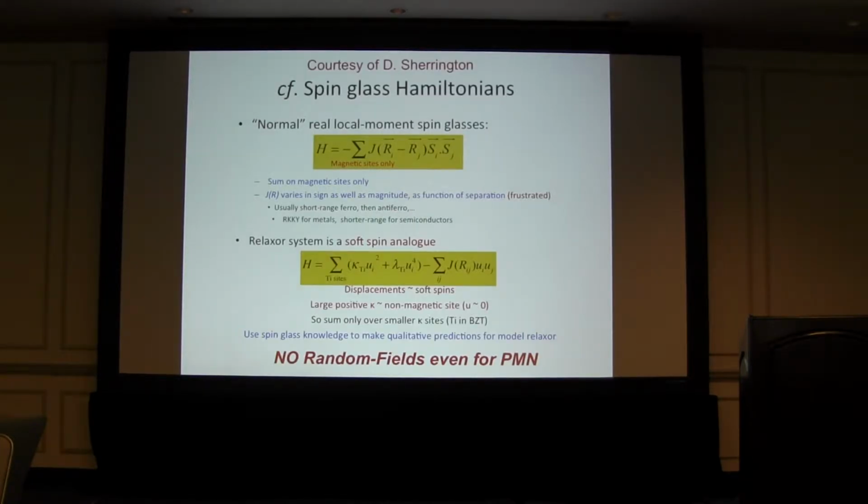Now, also there was work by David Sherrington trying to apply spin glass Hamiltonians to treat relaxor ferroelectrics. And he did this in a way that gave him soft spins, that is, spins like our local mode variables that have arbitrary orientation and a range of magnitudes.